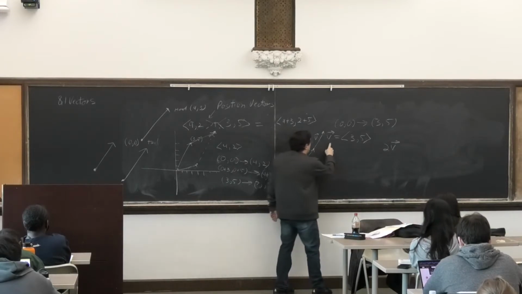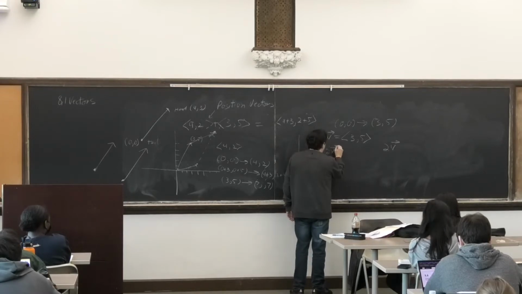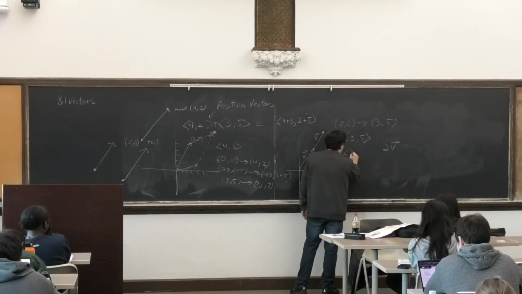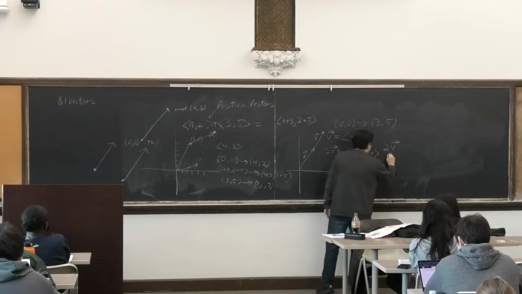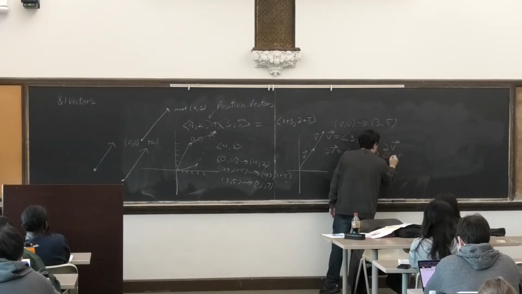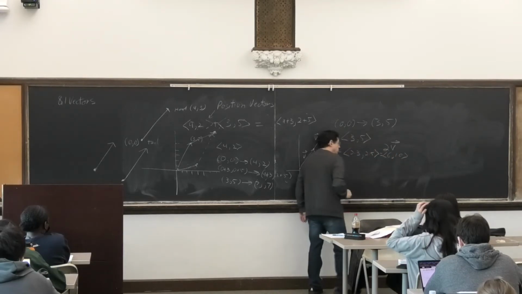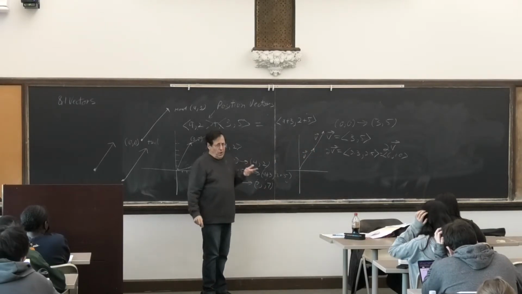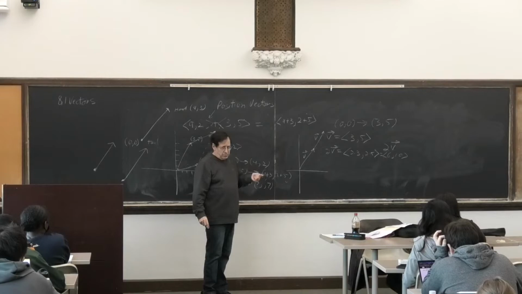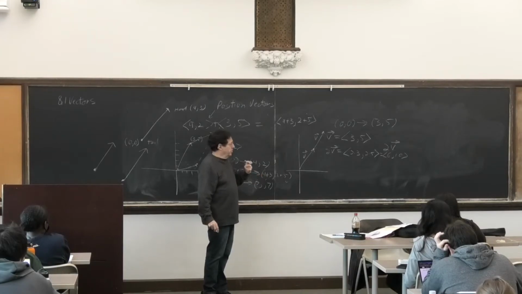Well, 2v is just going to be 2 times 3, 2 times 5, which is 6, 10. So now we have two operations on vectors. We can add them, and we can multiply them by a constant.